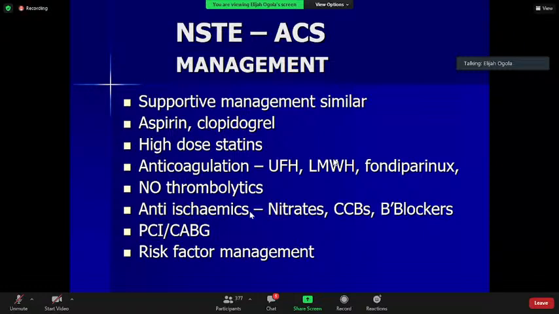Then we use anti-ischemic agents here: nitrates, calcium channel blockers, beta blockers, where necessary, and we won't go into the indications for invasive treatment. Again, we go for revascularization with either PCI or CABG, depending on the patient. And risk factor management follows exactly the same principles.